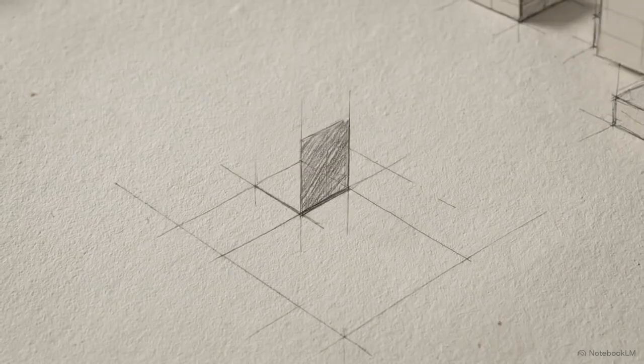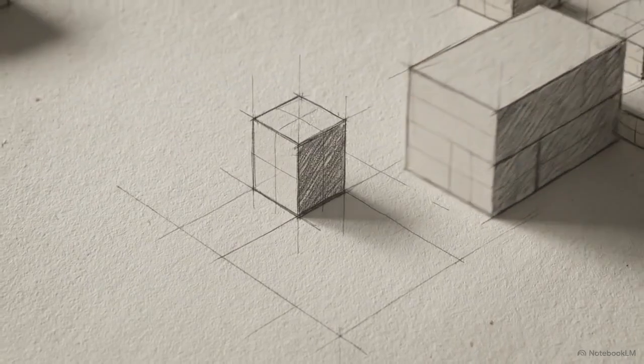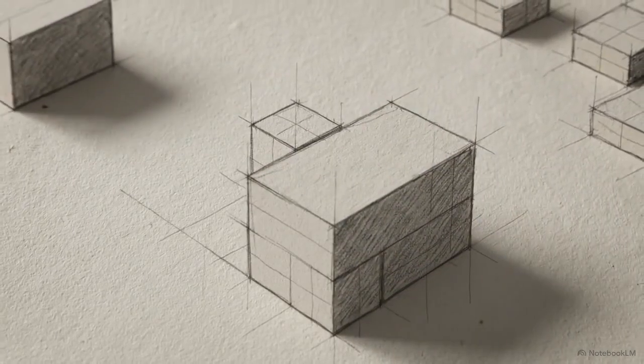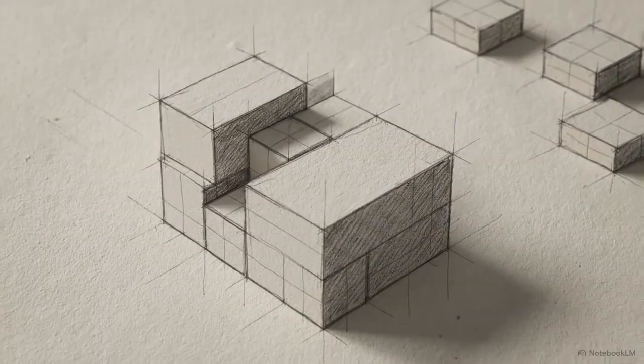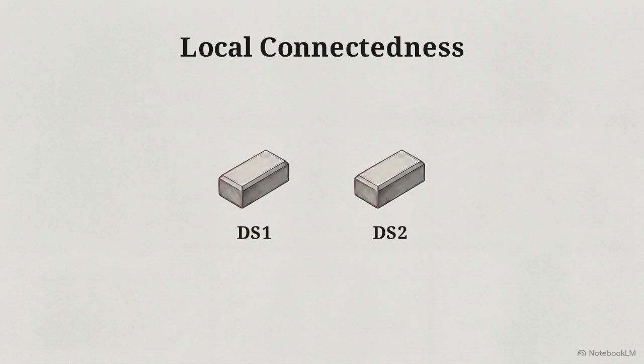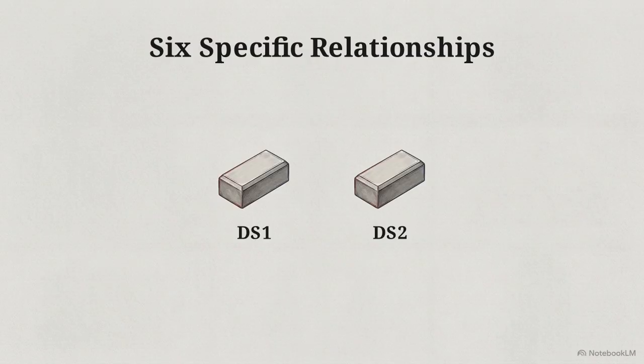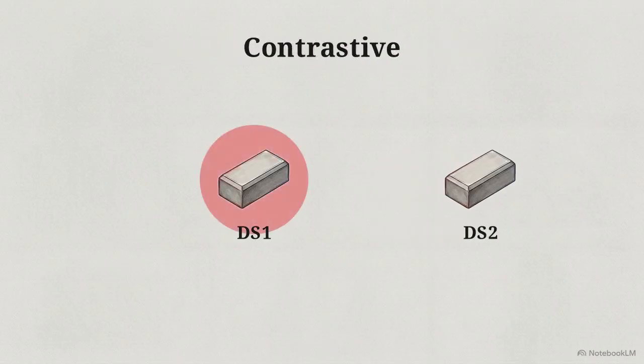To understand how expository text functions in their absence, we evaluate its architecture from the atomic level up, observing how contiguous sentences bind together. Researcher H.A. Stark mapped this local connectedness. By treating any two adjacent sentences as distinct nodes of data, she established a taxonomy of 6 specific relationships. In a contrastive relationship, the second sentence disagrees with the first.